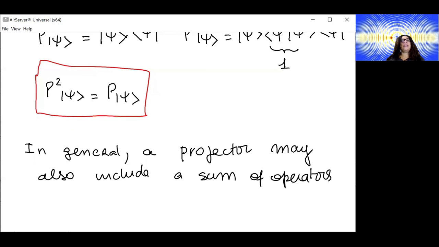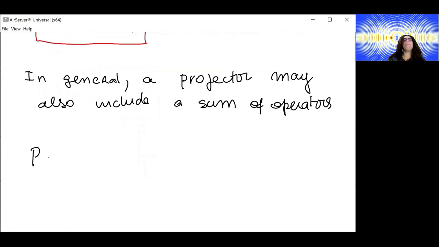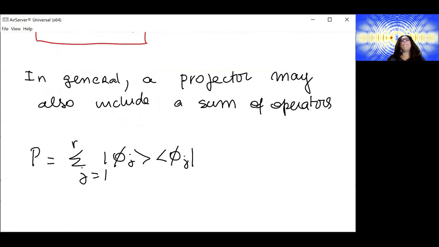So we can have something like that. For instance, we can define P equals the sum from j equals 1 up to R of ket psi j, bra psi j.